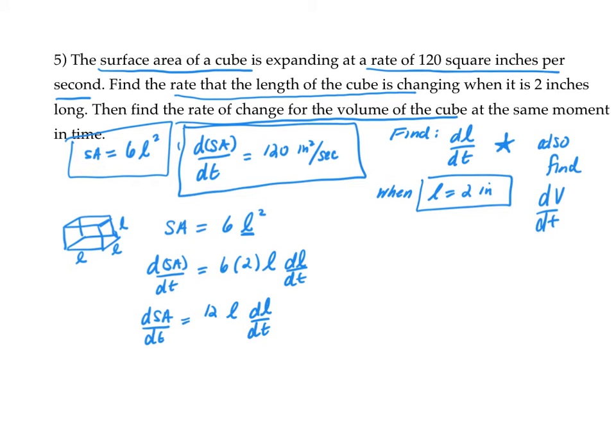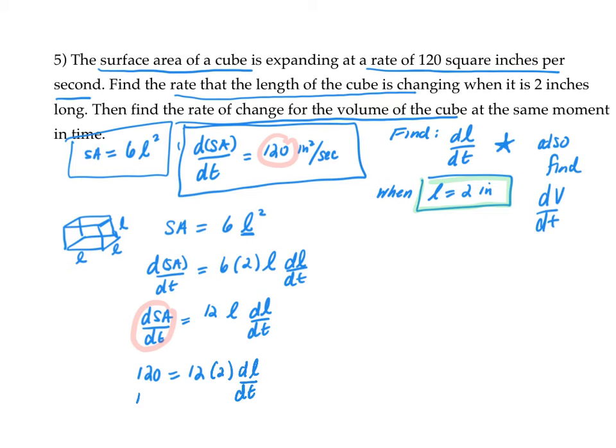So we know the rate of change of our surface area. That's going to be 120, so let's plug that in. That's equal to 12. We also know L. We're looking at that particular moment in time when the length of the side is 2 inches. So we're going to put 2 in for L. And then we're going to solve this for dL/dt.